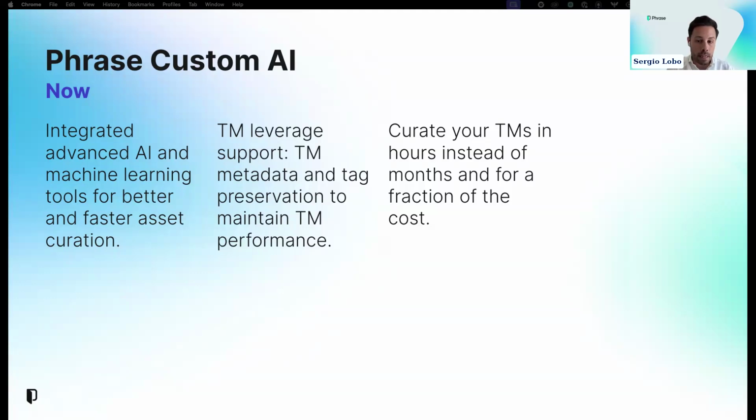Well, by using Phrase Custom AI to curate their linguistic assets, customers can preserve tags and avoid downgrades of 101% and 100% matches, for instance, to 99% and fuzzy matches, preventing this way lost discounts. So Phrase Custom AI allows customers to curate their linguistic assets and preserve tags without sacrificing these discounts, maintaining TM leverage while also improving asset quality.